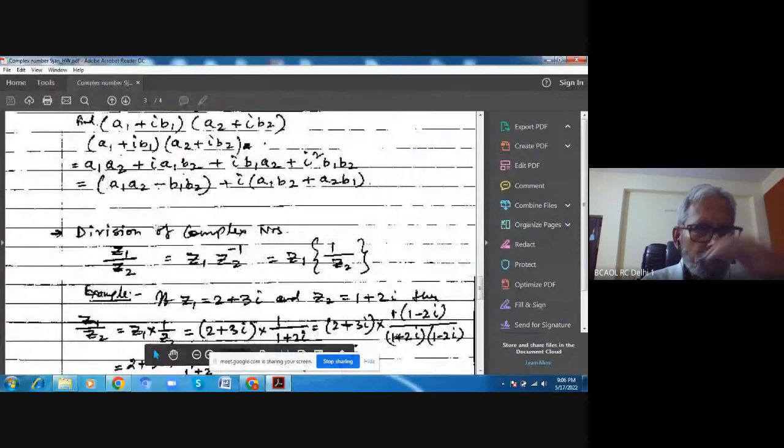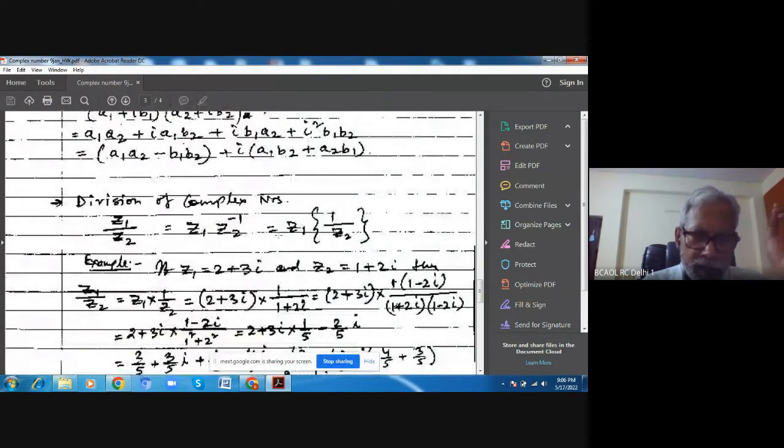Then division of complex numbers. Suppose at the time of division, Z1 by Z2, there are two complex numbers, and how to do it. In that case, we can write Z2 to the power minus 1, same thing, or we can write Z1 times (1 by Z2), same thing.